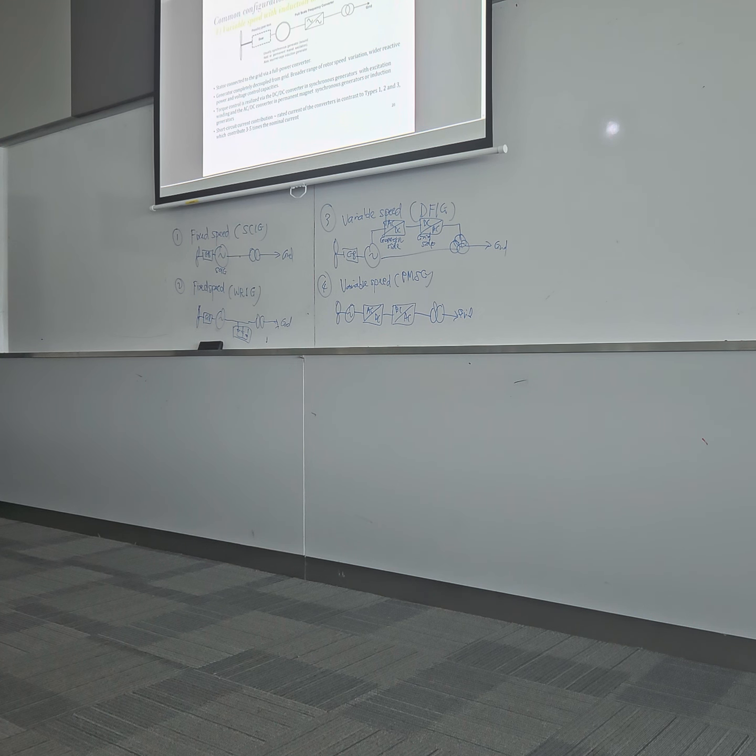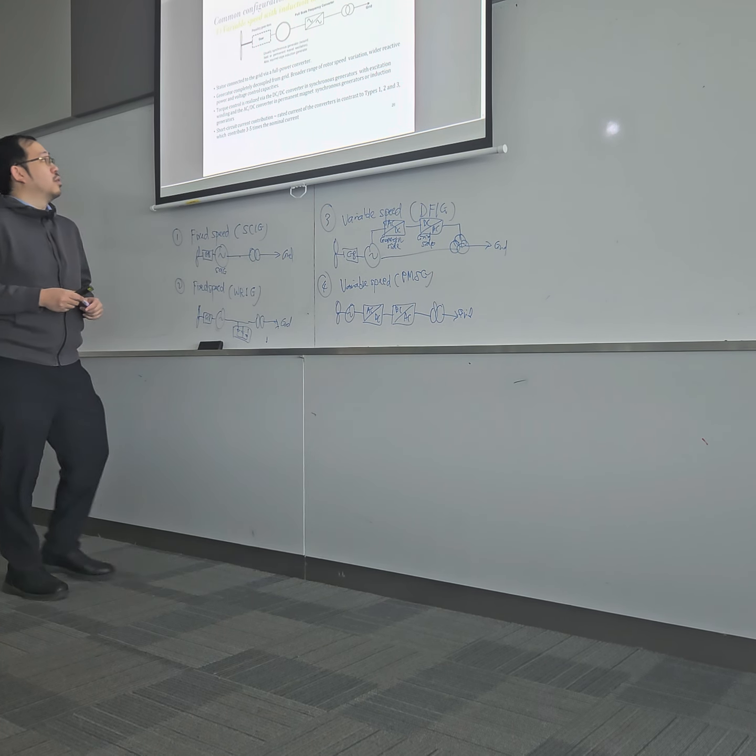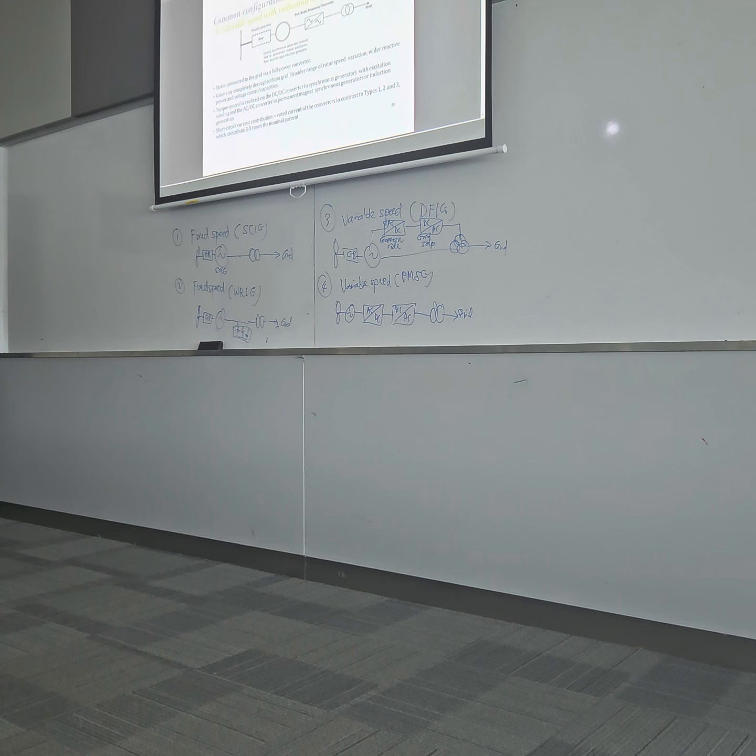You also have short circuit current contribution from the two converters. So your rated current or power of this turbine will be the same as the generator. It will be much greater than Type 1, 2, and 3.